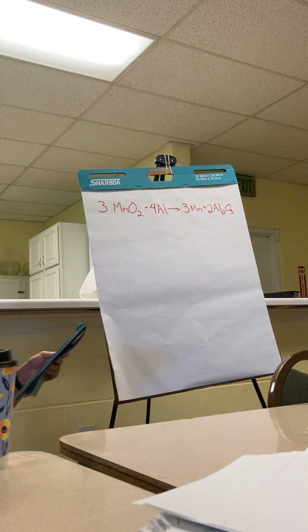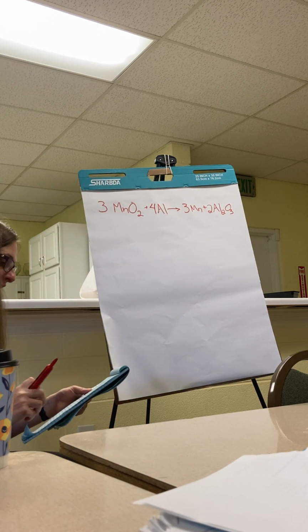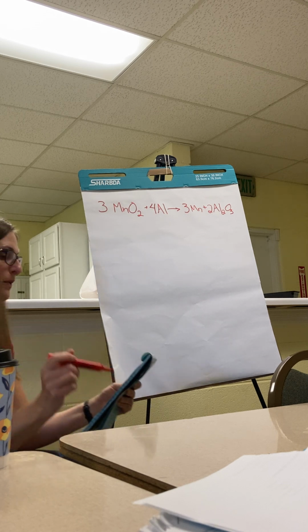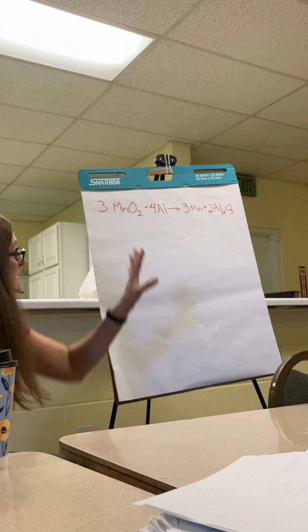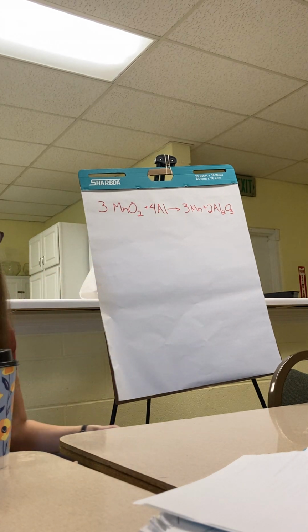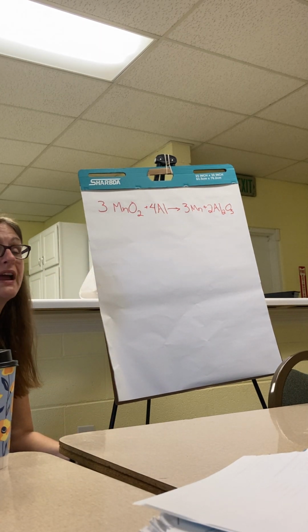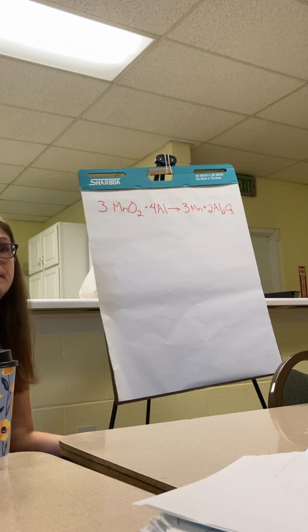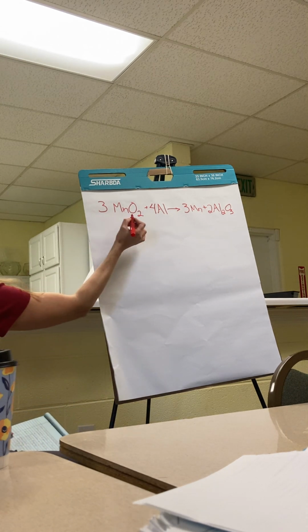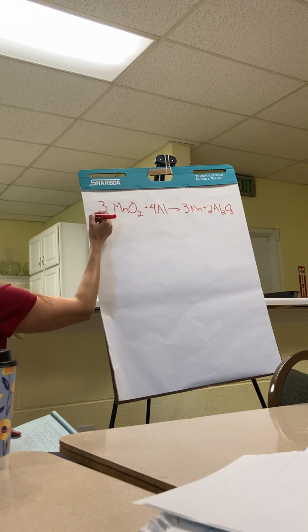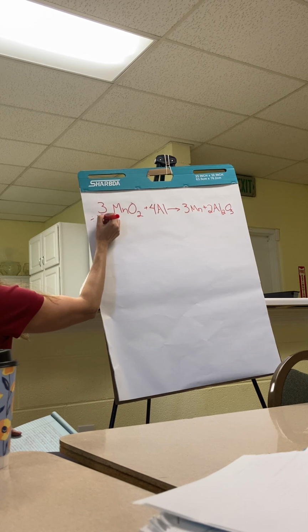Alright, how many moles of manganese will you need to start with if you're reacting it with 1 mole of aluminum? I don't want to spend the money to react 4 moles of aluminum. I only have the money because I'm a manufacturing facility and I'm trying to reduce my overhead. 3/4? So Maggie says, if I only have 1 mole of aluminum, I'm gonna divide this whole thing by 4.